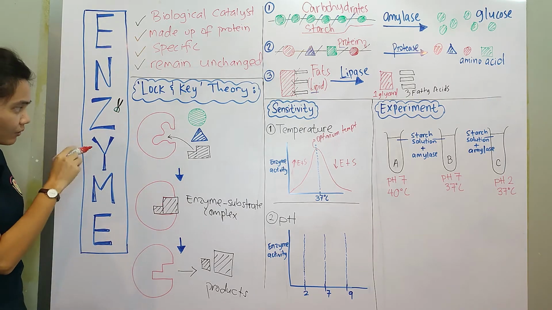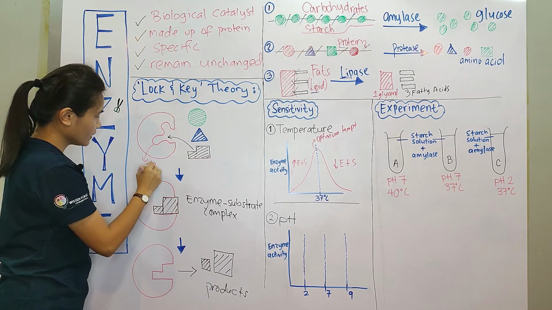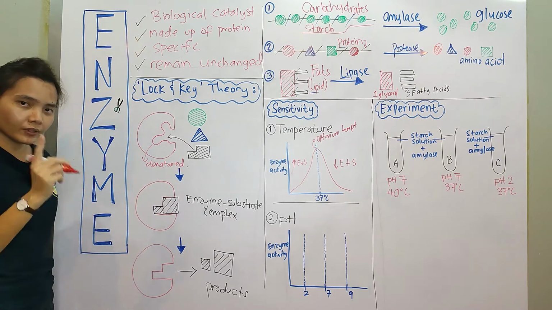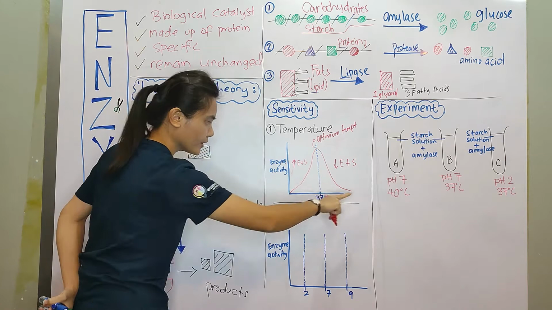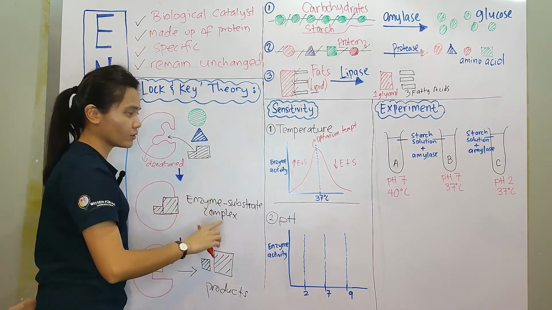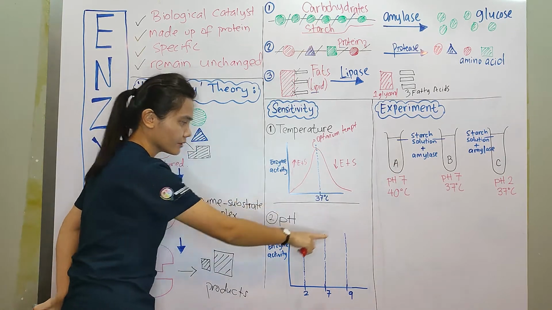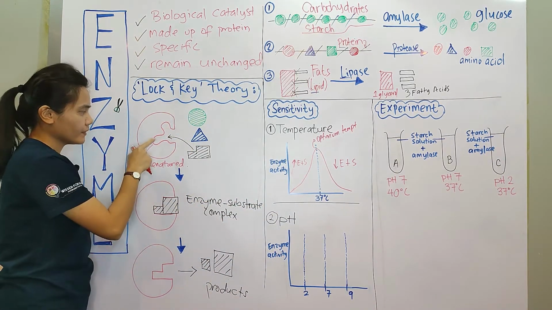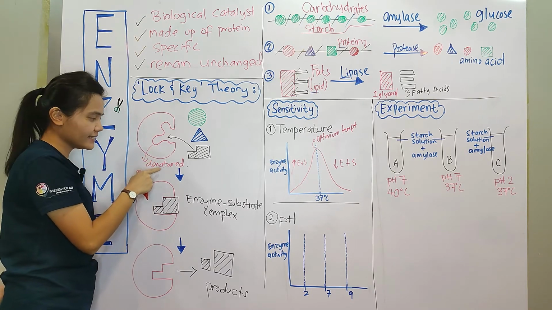So what is this called? Denatured. In exam, if you are asked what happened to the enzyme beyond 37 degrees Celsius or at 40 degrees Celsius, any temperature over 37 degree, you answer that the active site of the enzyme got denatured.